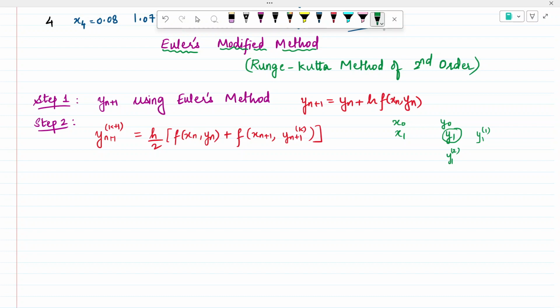To find the second approximation of y1, k की जगह पे आप 1 डालोगे. Step number 2 का जो formula है उसमें k की जगह पे आप 1 डालोगे. So left hand side will become second approximation. Right hand side पे आपको जो values डालनी है, we'll understand it with the help of examples here. Okay. So you may note down the formula and then we'll start with the sum over here.